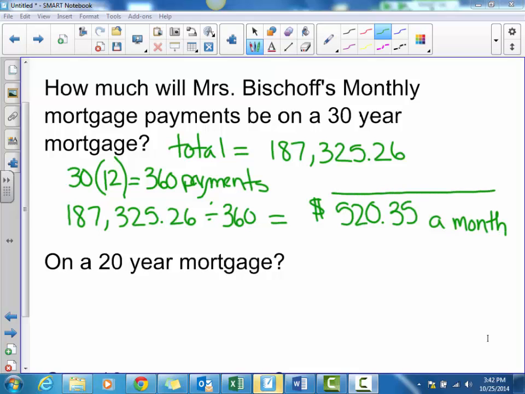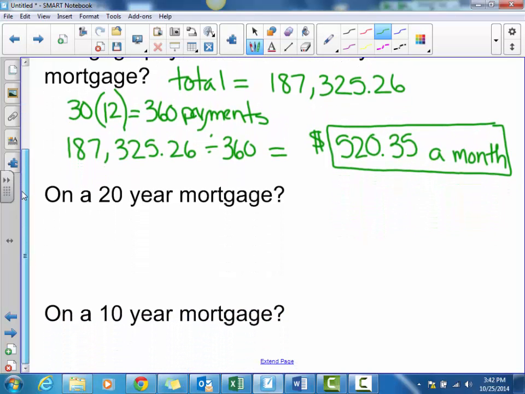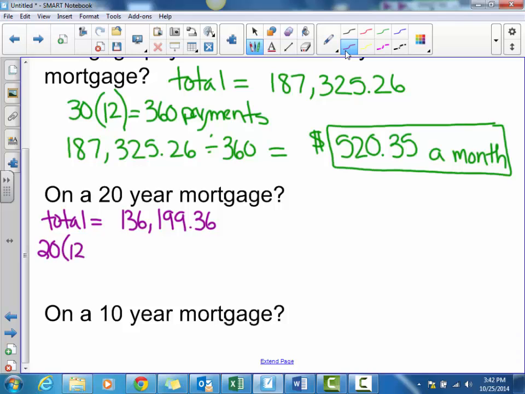Now, to calculate the monthly payments on a 20-year mortgage, I would take the total of my 20-year mortgage, the total amount that I owe the bank, which is $136,199. And I need to take that and divide it by the total number of months in a 20-year period. So that's 20 times 12 months. So that would be 240 payments.